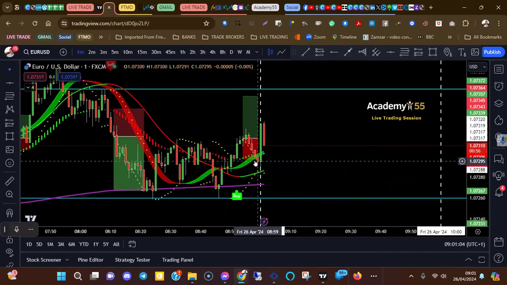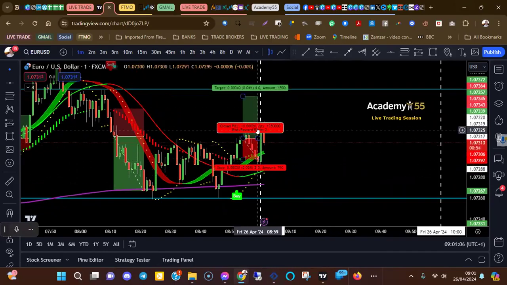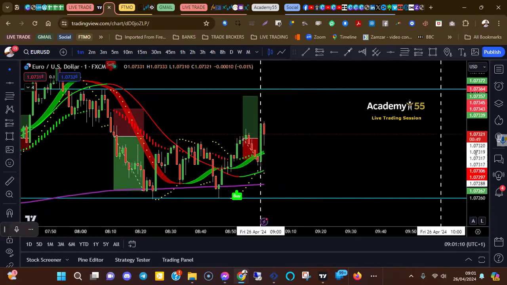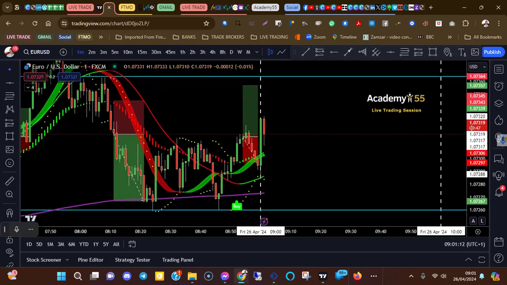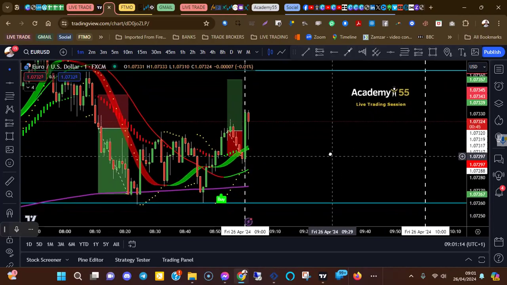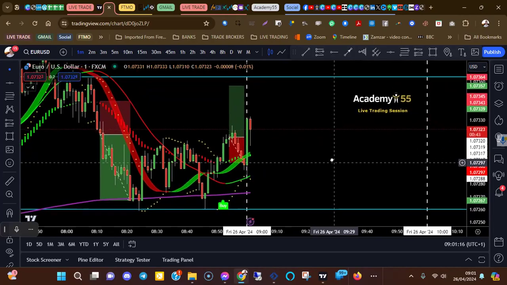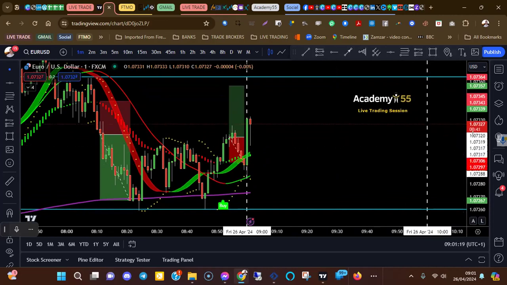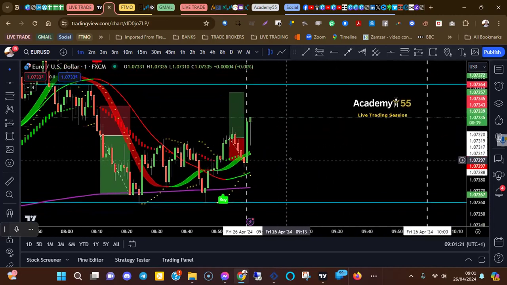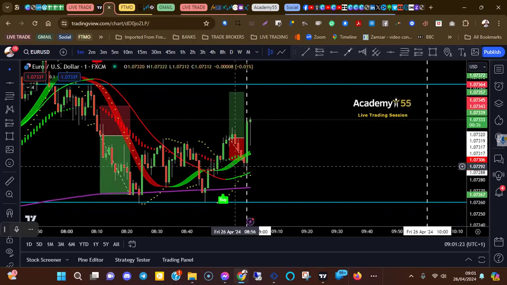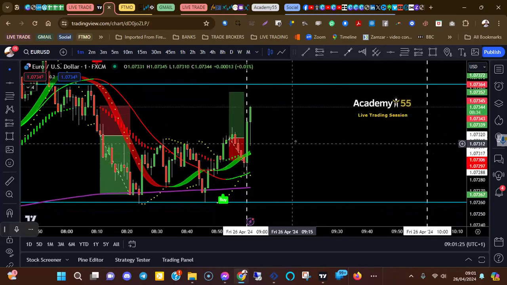That's quite a big candle. It's only 3 pips in reality, but it looks big on a 1 minute time frame. But yes, I can take a sell alert now. We've missed that trade. We've had a 1% loss if you'd have taken that one.